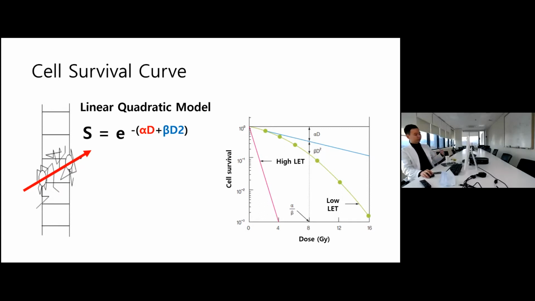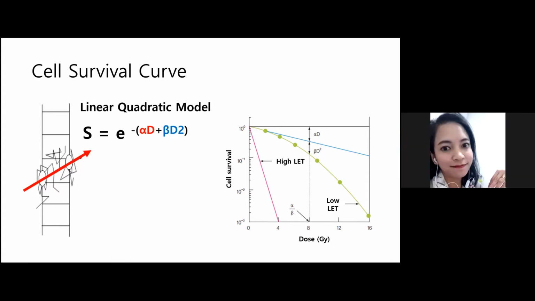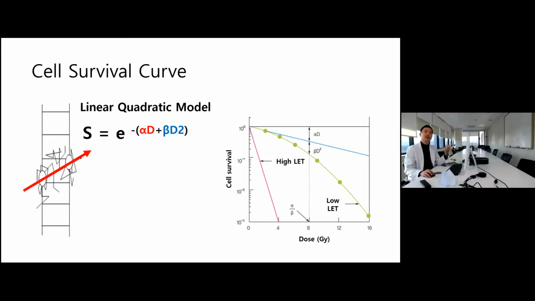When alpha is higher, there is more chance of the graph being linear, but if the beta component is higher, there is more possibility of showing curvature like this.